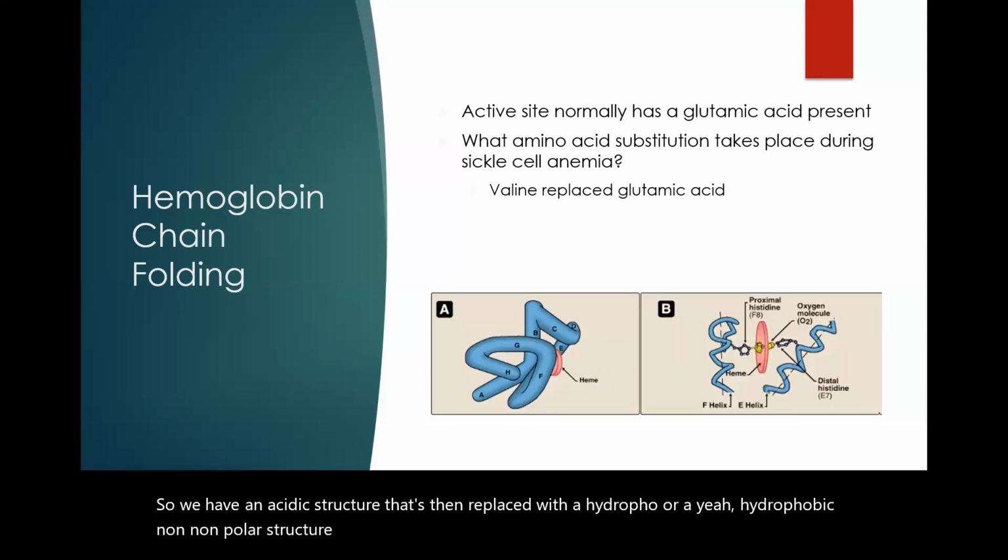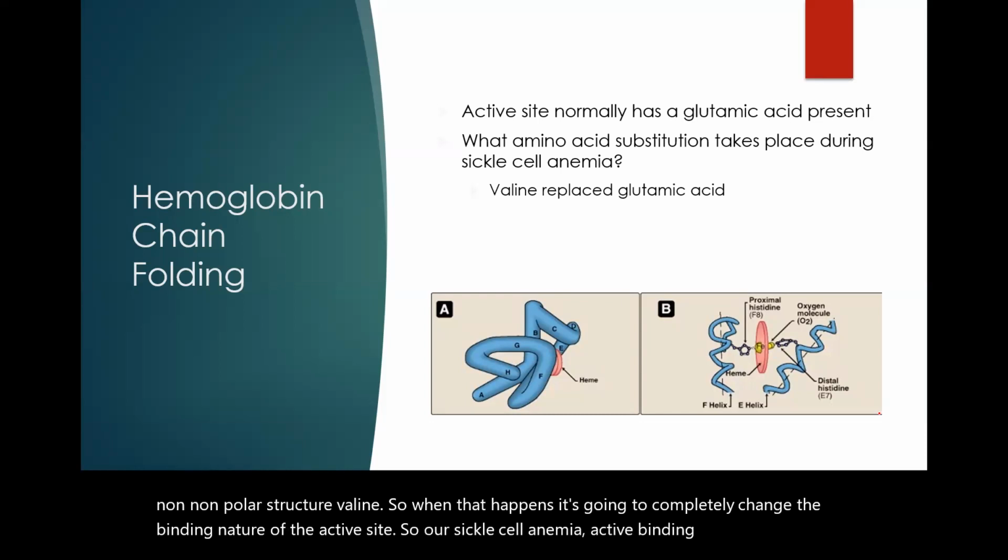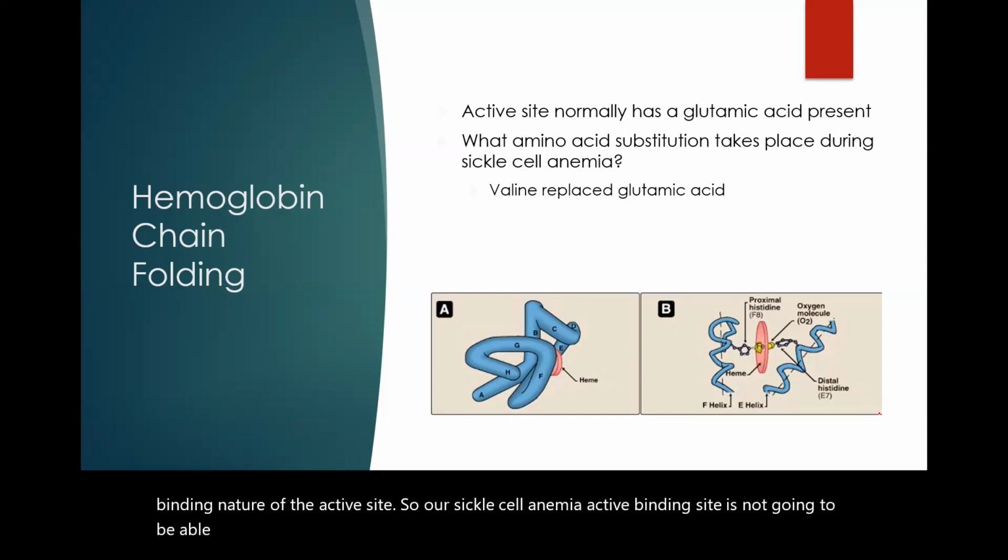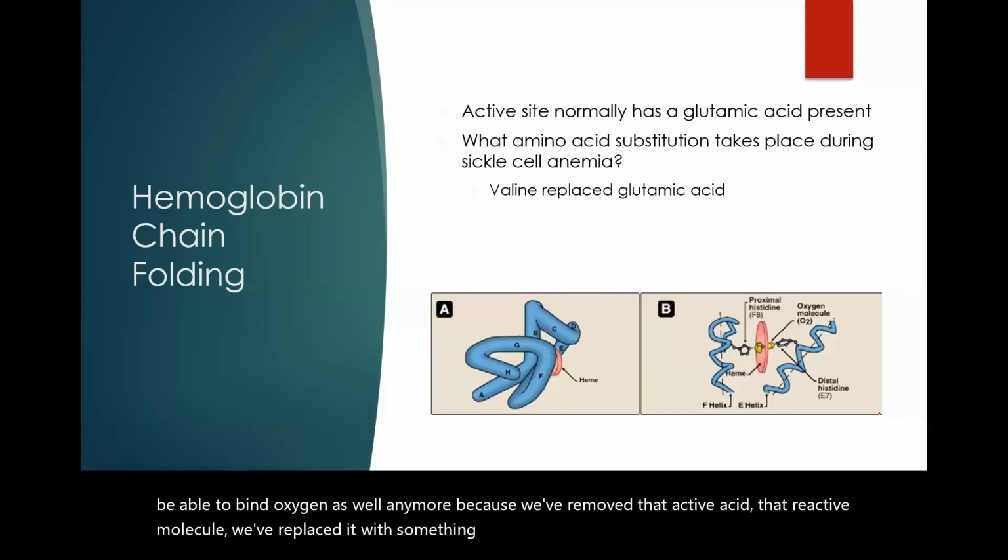So when that happens, it's going to completely change the binding nature of that active site. So our sickle cell anemia active binding site is not going to be able to bind oxygen as well anymore because we've removed that active acid, that reactive molecule. We've replaced it with something that's non-reactive, non-polar.